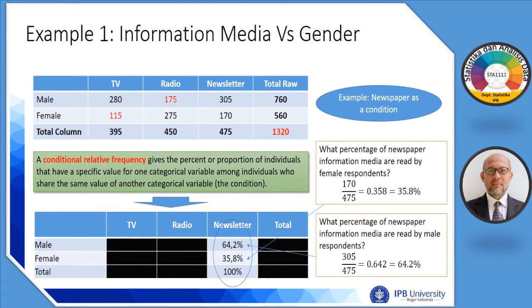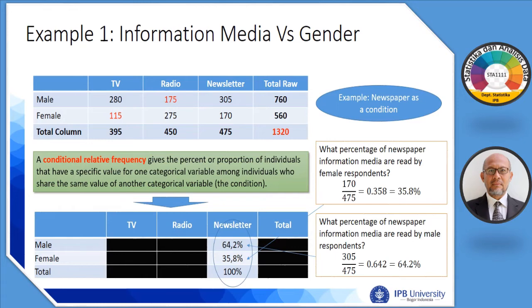Actually, it can be calculated more easily because read by female respondents is 35.8%. Automatically, read by male respondents is 100% minus 35.8%, which is equal to 64.2%.